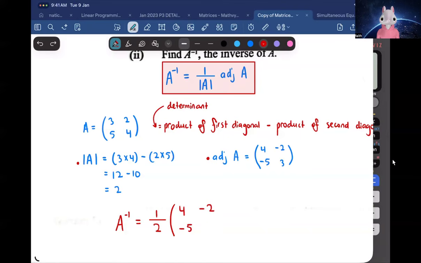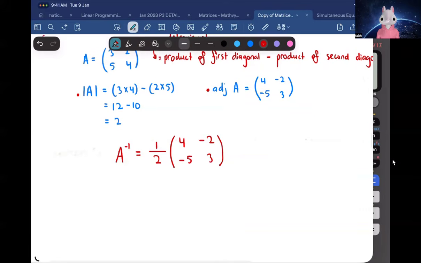All right, so what you have to do right now, you have to take everything inside and multiply it by a half. Every single thing, multiply by a half. So what's a half by 4? A half by 4 is 2. What is a half by minus 2?